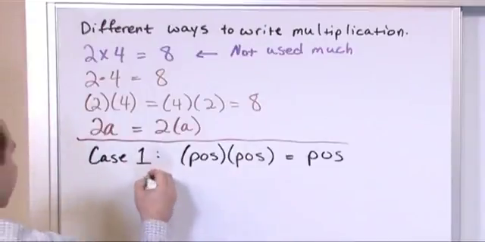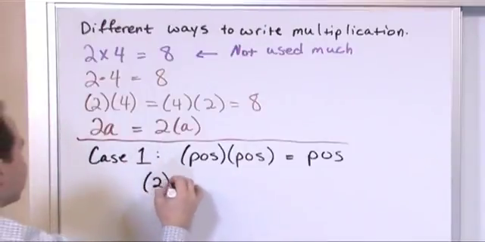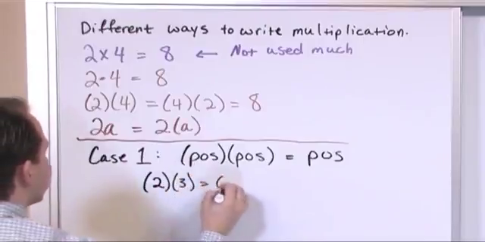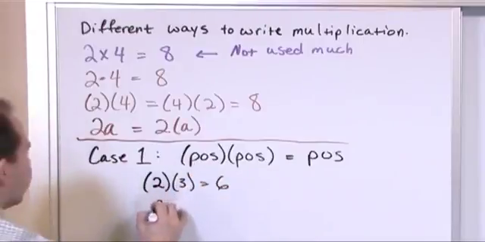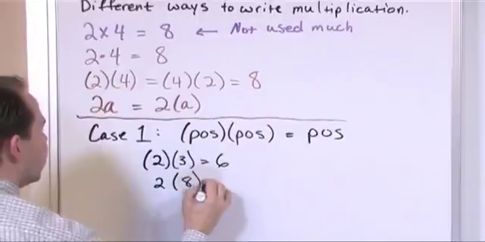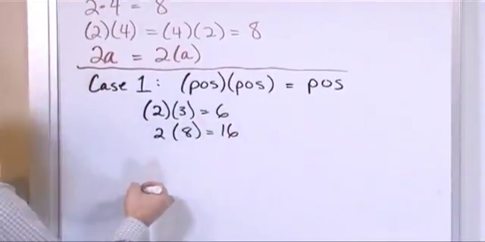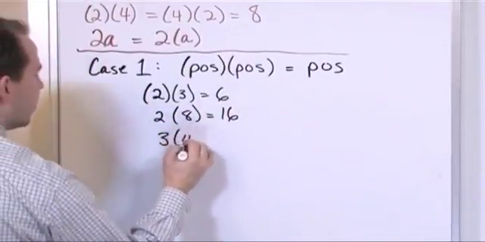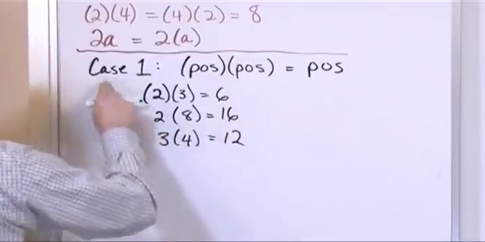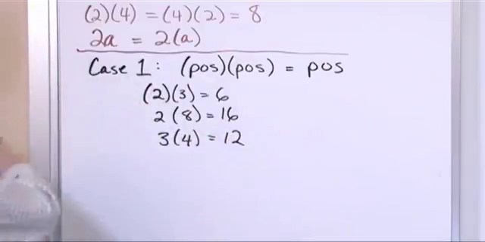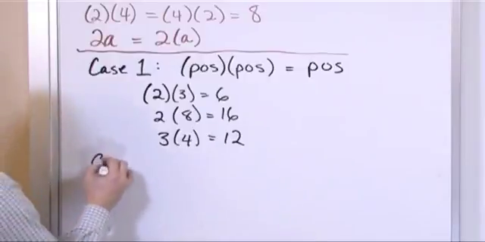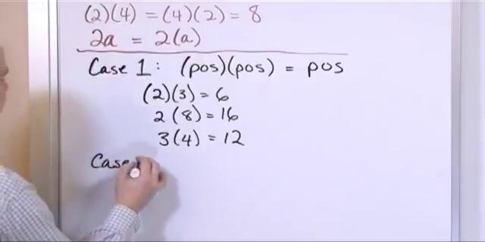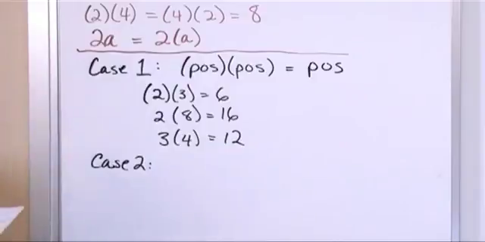So just to give some quick examples. Nothing surprising. 2 times 3 is equal to 6. 2 times 8 is equal to 16. 3 times 4 is equal to 12. So case 1 is already what you know. There's nothing special about that. So let's move right along to case 2, which is probably something you've never looked at until you looked at this course.